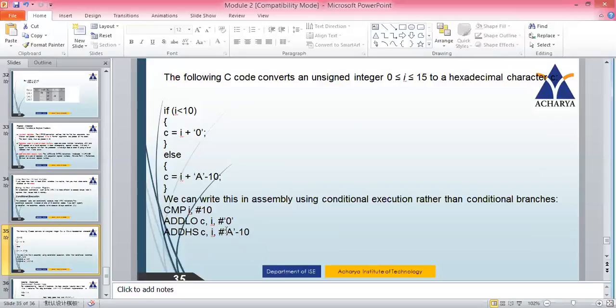The remaining value will be added to the ASCII value of 'A'. That will be put to C. So this is 3 lines of assembly code which performs the same task performed by this particular C code.